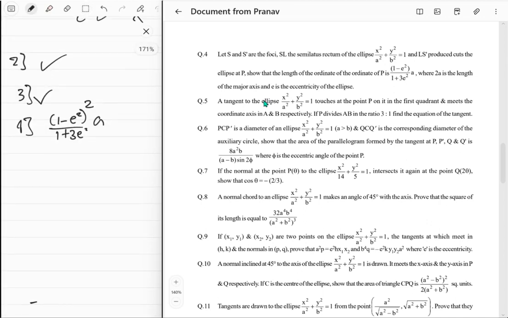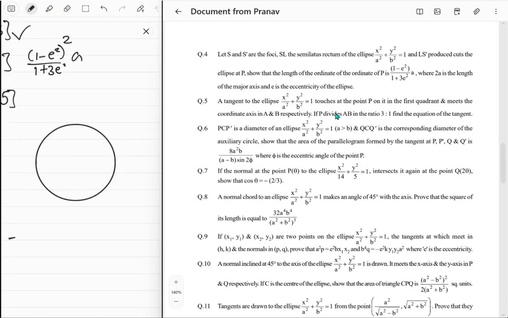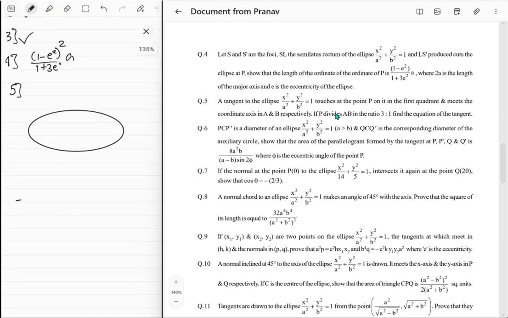Fifth. A tangent to the ellipse touches at the point P on it in the first quadrant. Tangent to this ellipse. It's supposed to be an ellipse, not a circle. Okay, this is better.